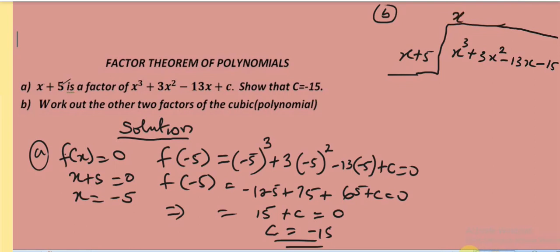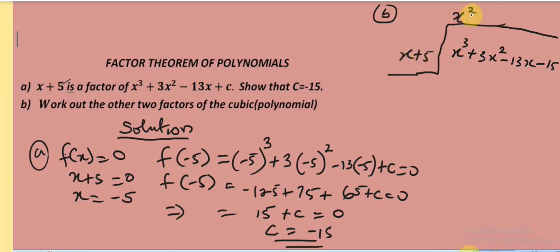Everything I'm going to be writing here is known as the quotient when this is divided by this. So I'm going to multiply this quotient by the divisor, x plus 5.